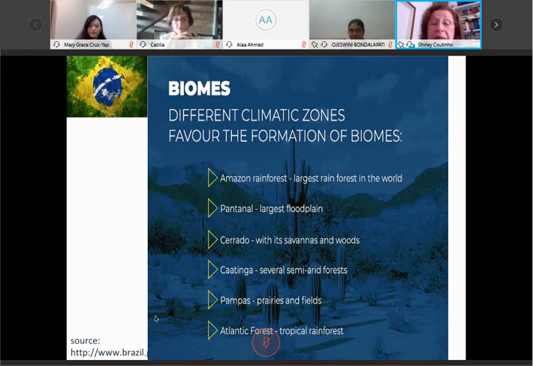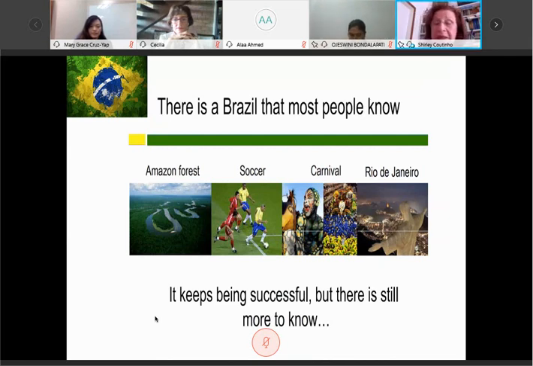And most important, we have six different biomes: Amazon, Pantanal, Cerrado, Caatinga, Pampas, and Atlantic Forest.